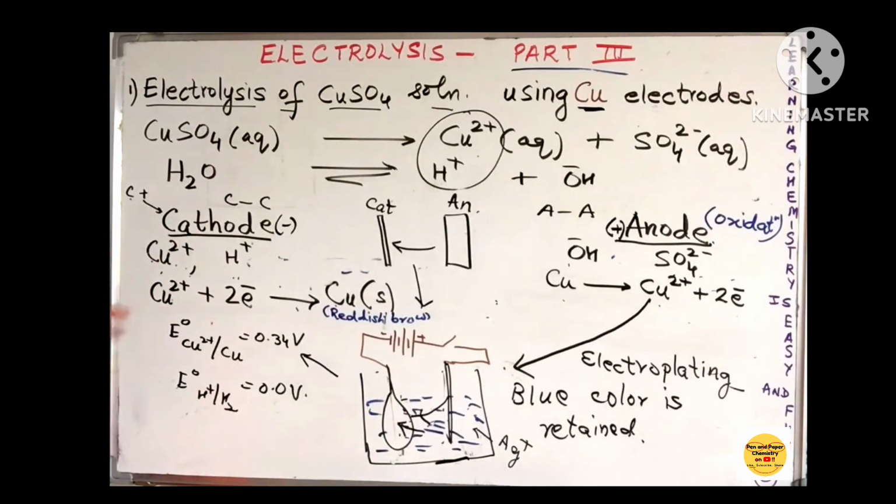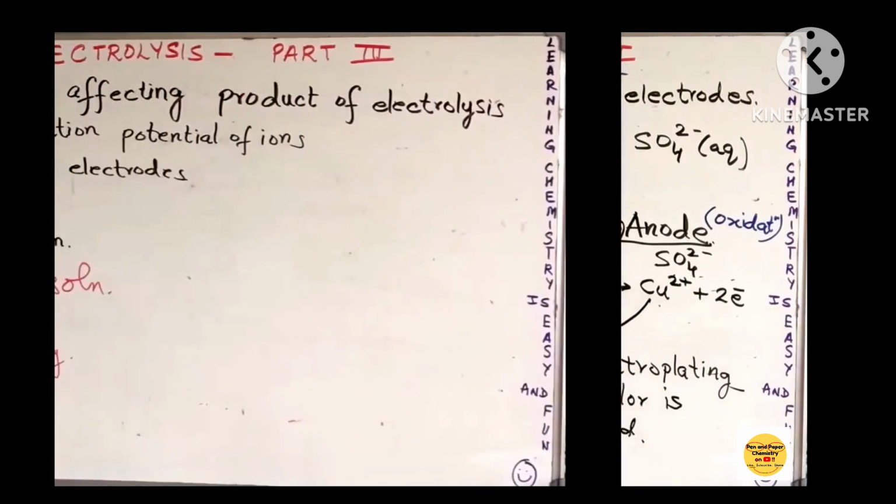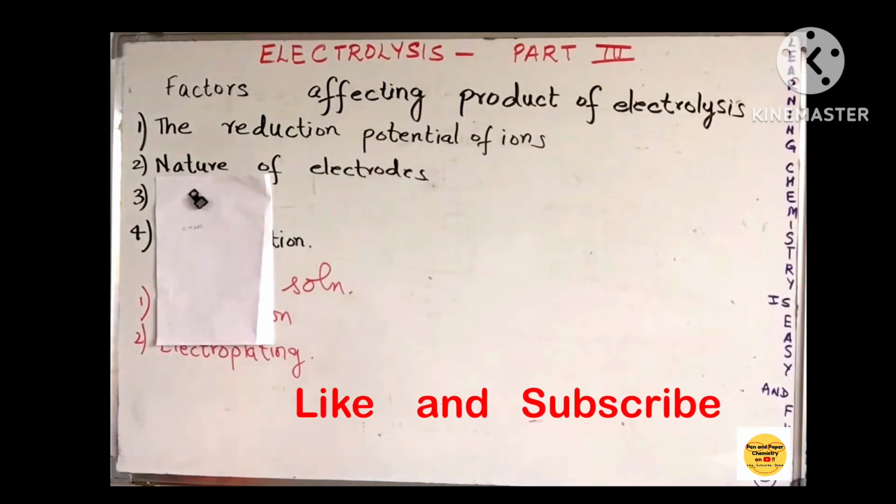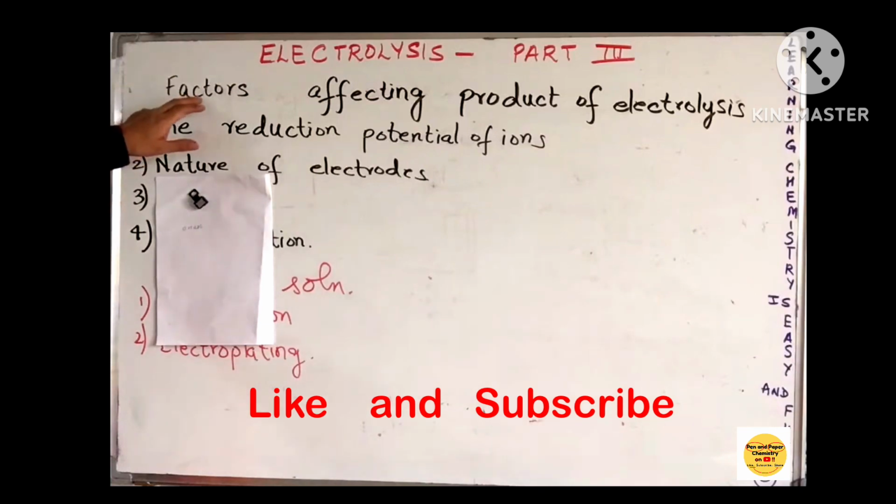Hope you have noted this down, because this becomes part of your notes as well. From the three electrolysis reactions that we have done till now, let us try and reason out what the factors are which affect the products formed during electrolysis.